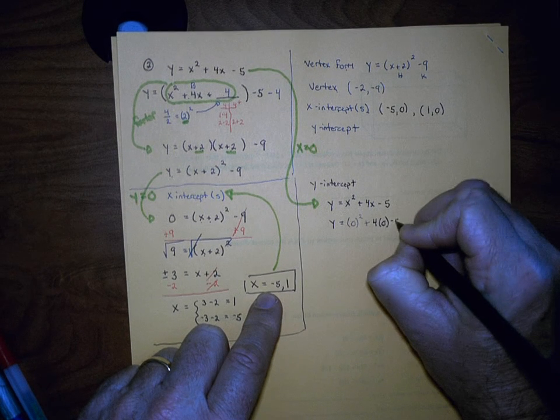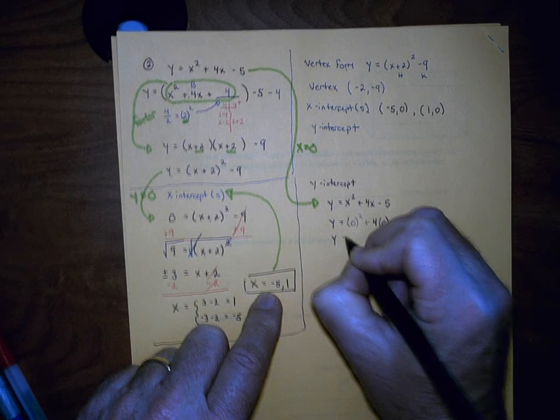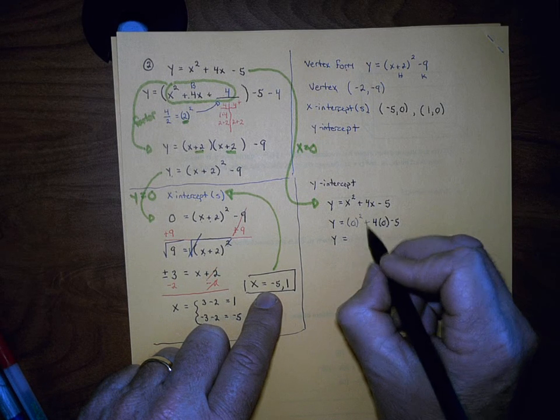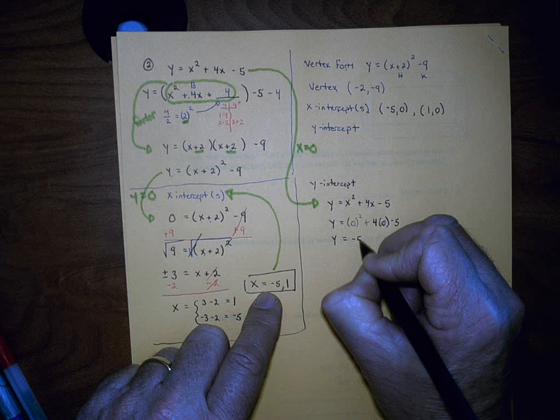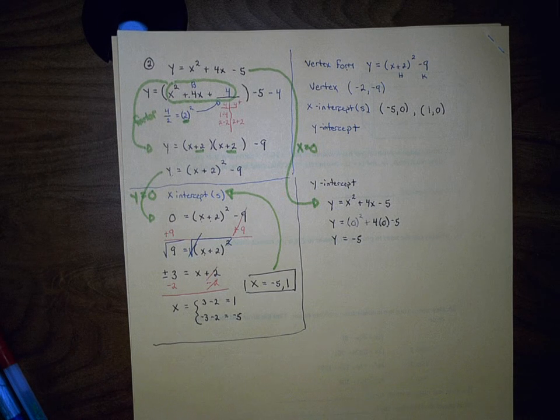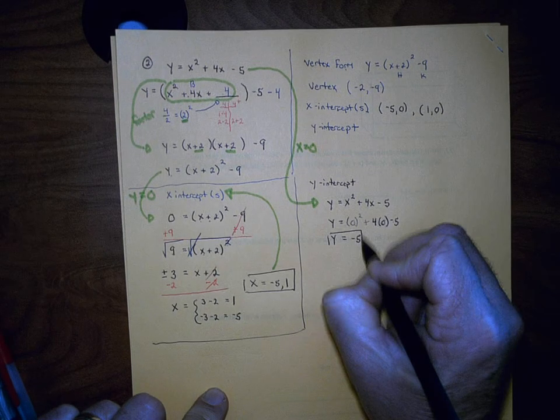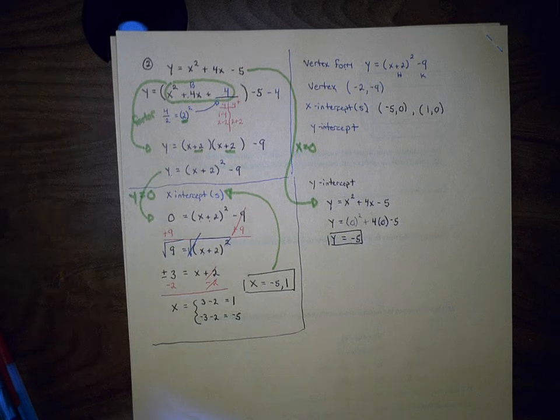And whatever this equals, that's your y-intercept. So 0 squared is 0, 4 times 0 is 0, so we would get y is equal to -5. Okay, so this answer right here, that is your y-intercept.